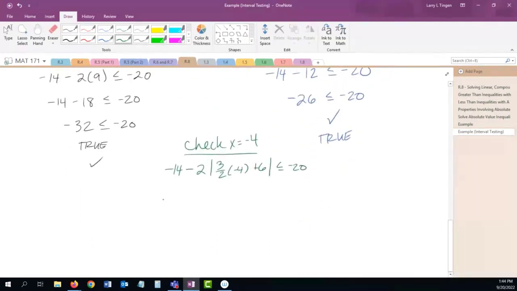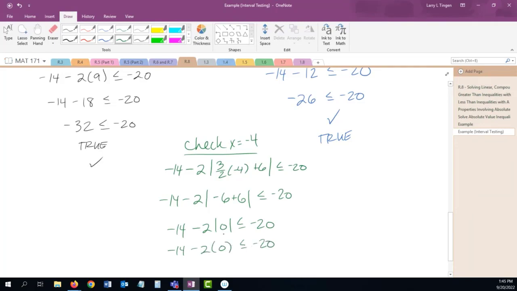All right. So negative 14 minus 2 times absolute value of 3/2 times negative 4 is 3 times negative 2, which is negative 6. Negative 6 plus 6 is 0. How far away is 0 from 0? It's 0 units.